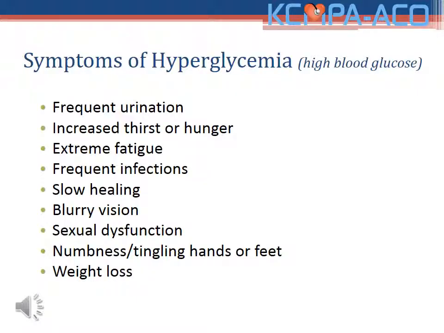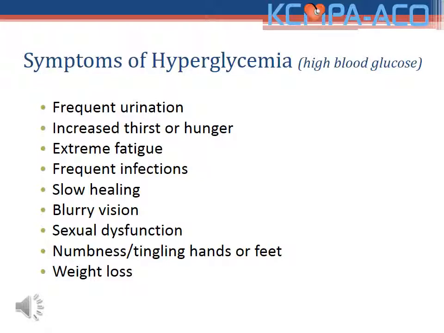Some of the symptoms of high blood sugar are frequent urination, increased thirst or hunger, extreme fatigue, frequent infections, slow wound healing, blurry vision, sexual dysfunction, numbness and tingling in the hands or feet, or extreme weight loss.